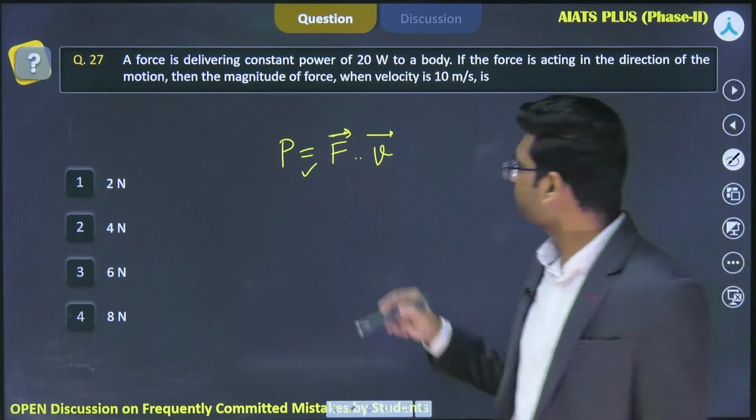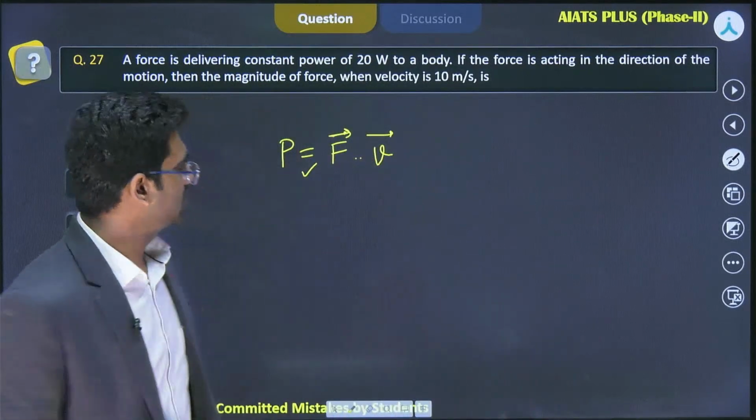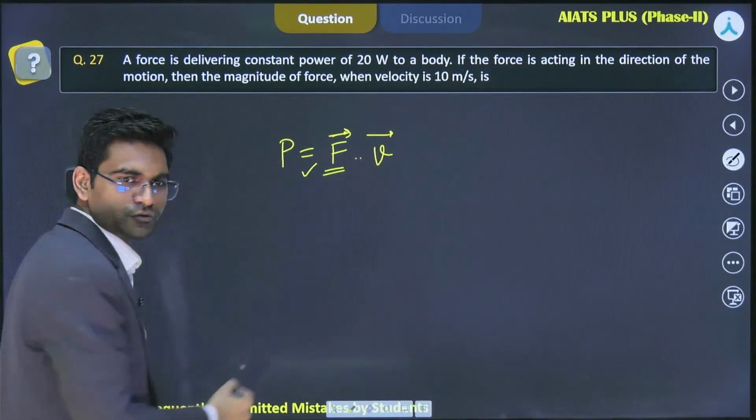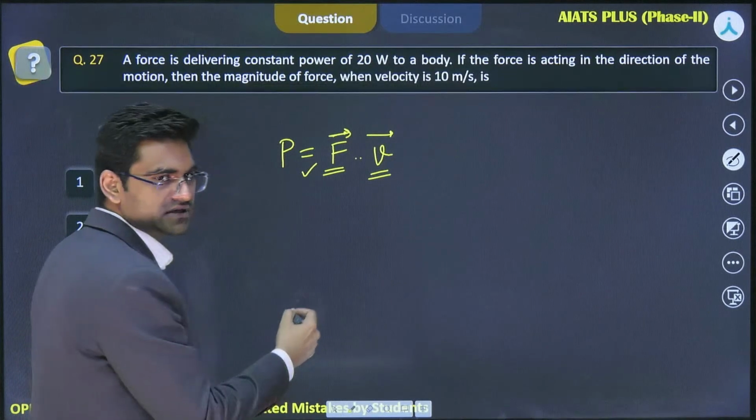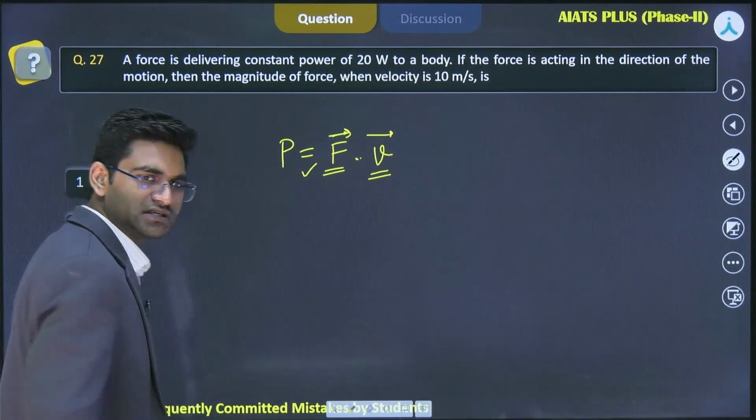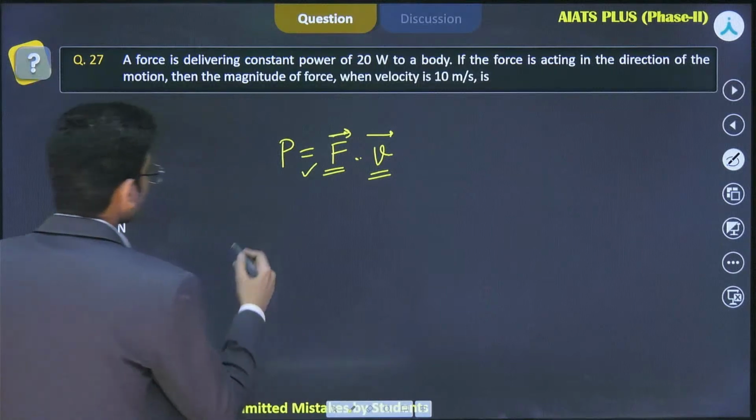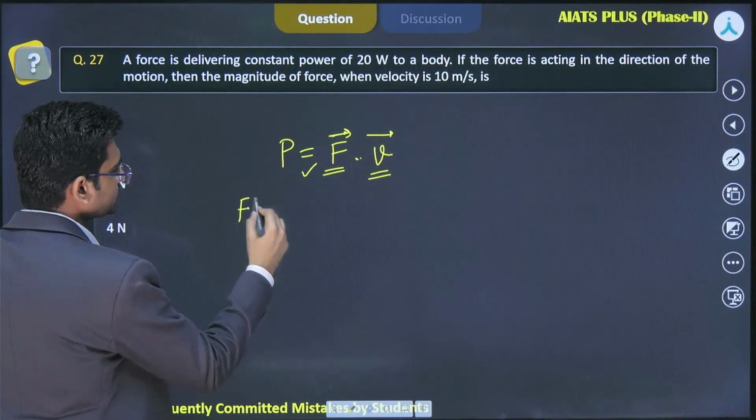Saina Sultana, if force is not constant, then at that point of time, whatever the force and whatever the velocity, that dot product will be equal to instantaneous power. So let's say a force is variable.